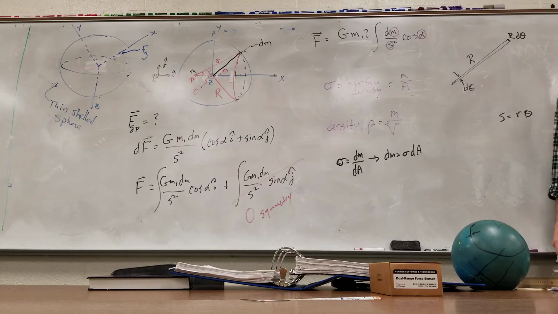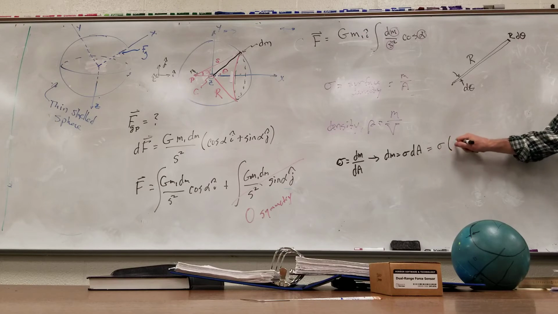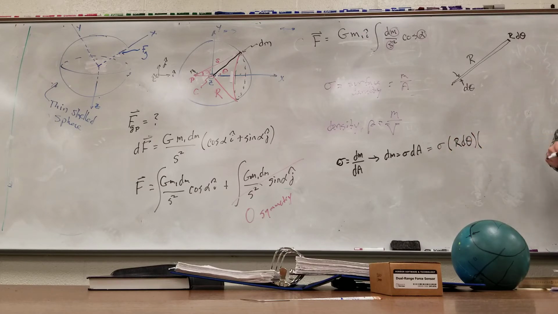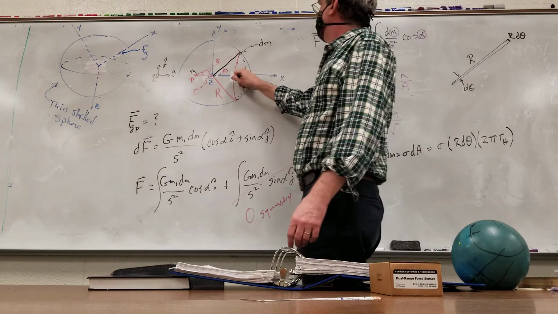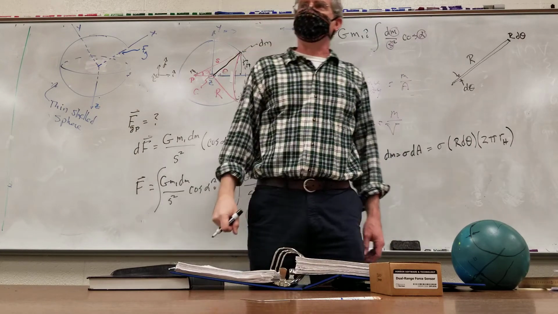And the circumference, as we discussed earlier, is 2 pi r. So my area, sigma times r d theta, times however long this ring is, 2 pi times, well, radius of the hoop. Keep trading one variable for another one.